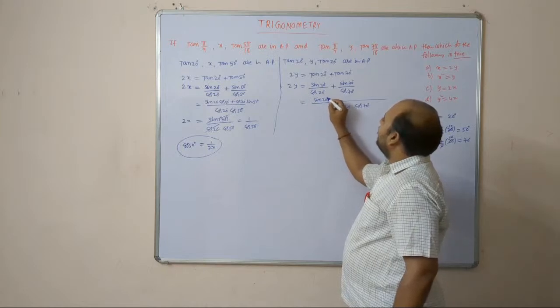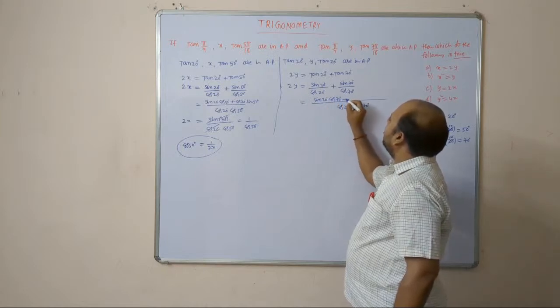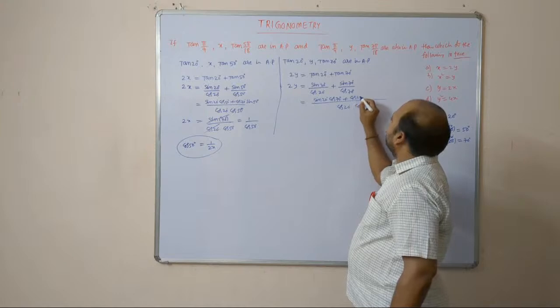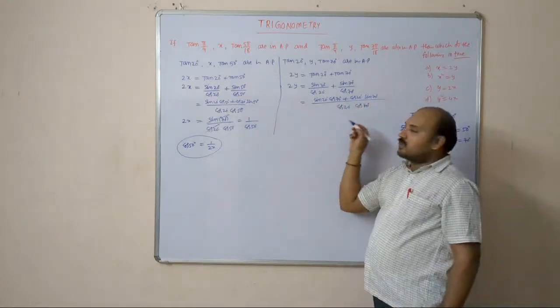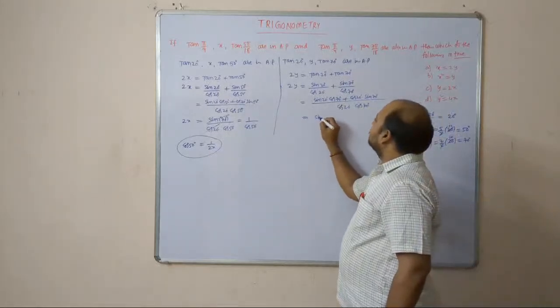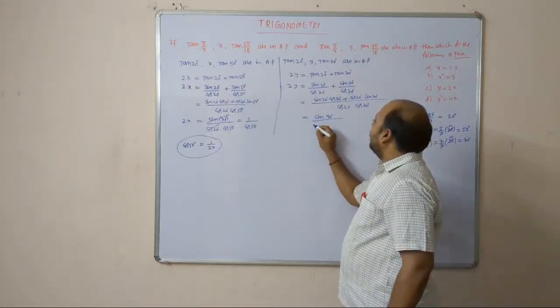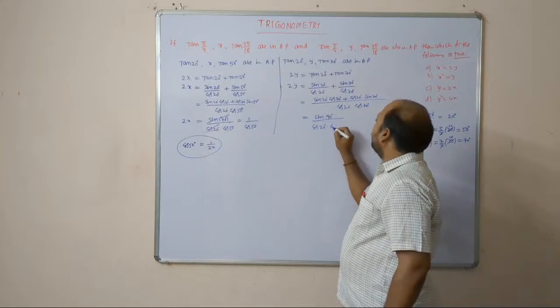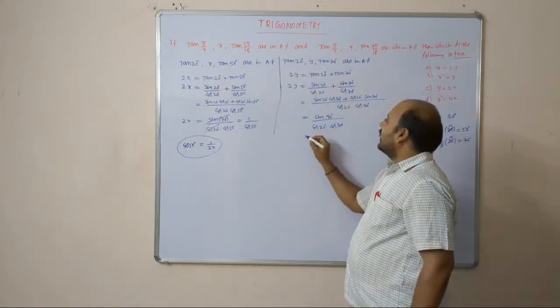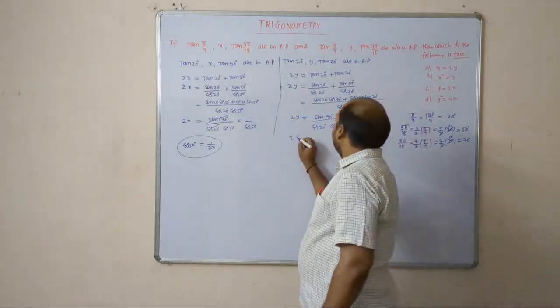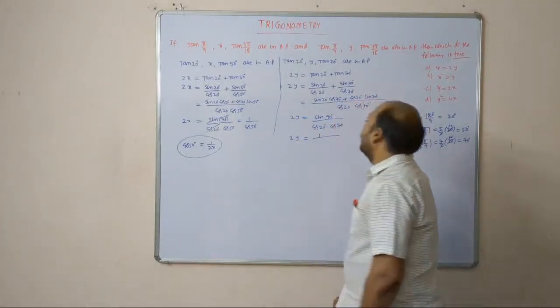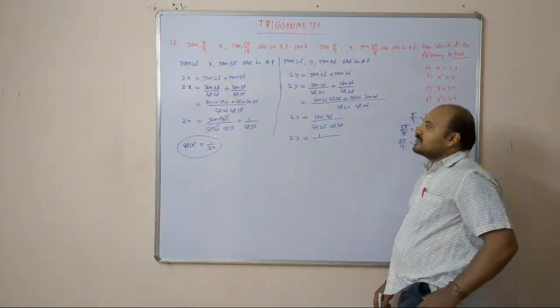So sin 20 into cos 70 plus cos 20 into sin 70. Sin A cos B plus cos A sin B is sin of A plus B. Sin of 90 by cos 20 into cos 70. Sin 90 value is 1 only. So 2y is 1 by cos 20 cos 70.